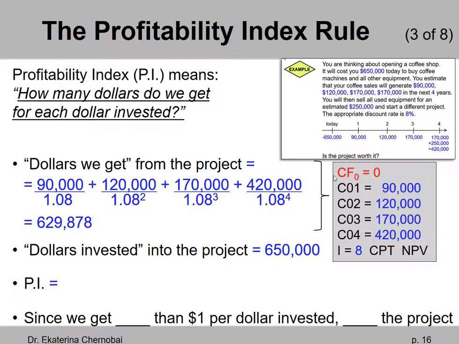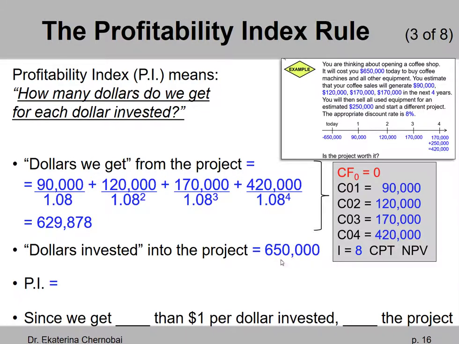The cash flow today will be left as 0. So we are only using the future cash flows in our cash flow keys. And then we discount them at 8% and compute the NPV. So that's how we get $629,878.